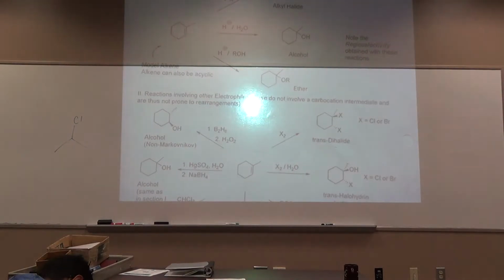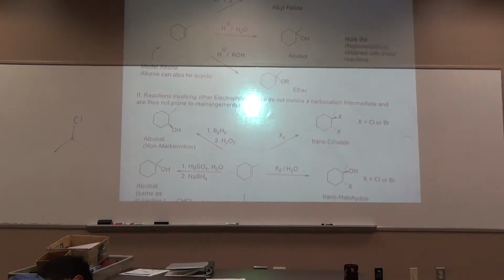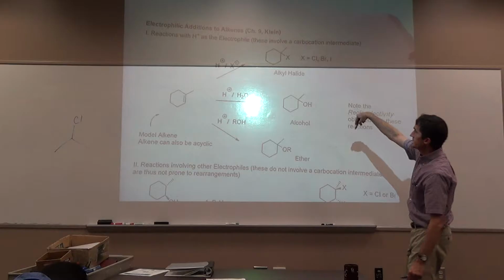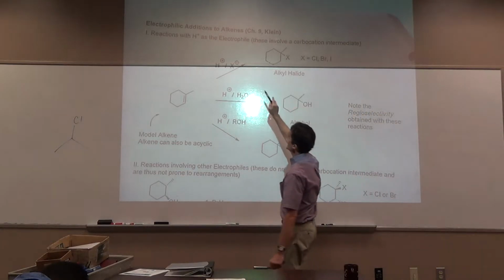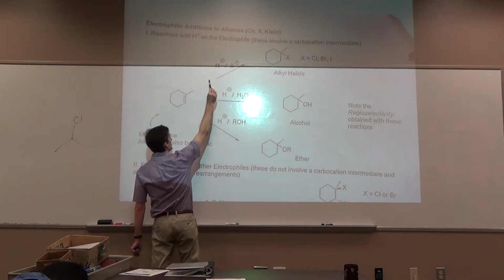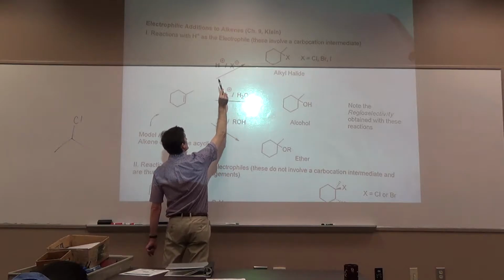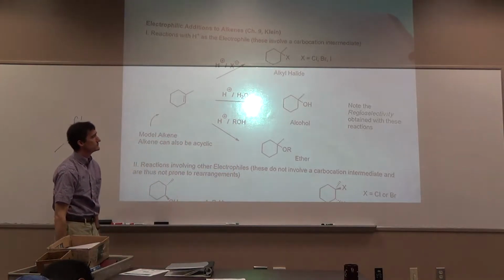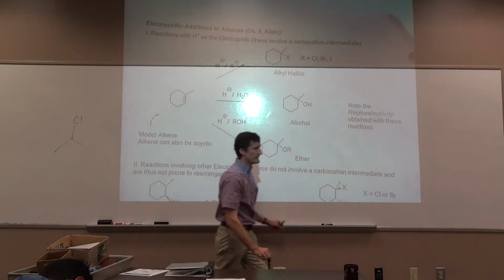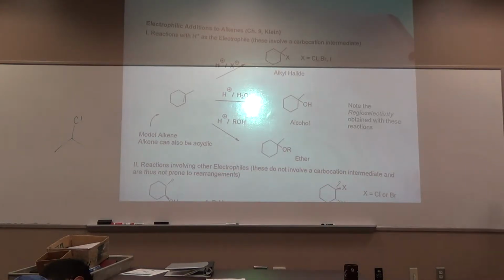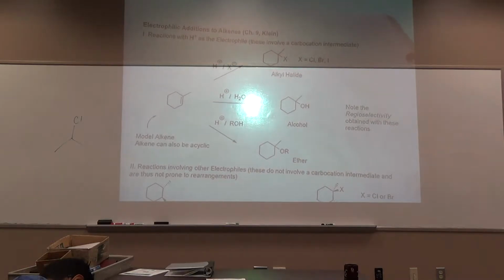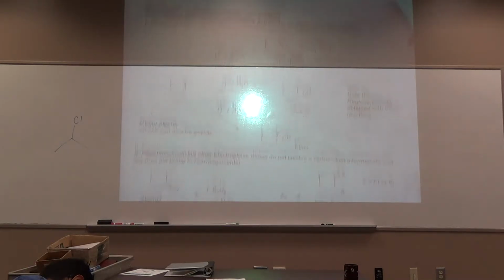If we look at the summary page on the previous pink page, we've looked at all these reactions up here. They all involve reacting with H plus and a nucleophile, either a halide, water, or alcohol. And then we also have the polymerization up here. Everything we've done so far starts with reacting with H plus.